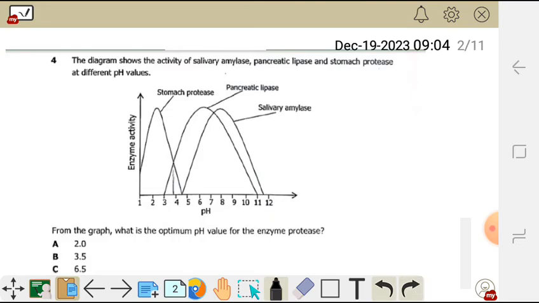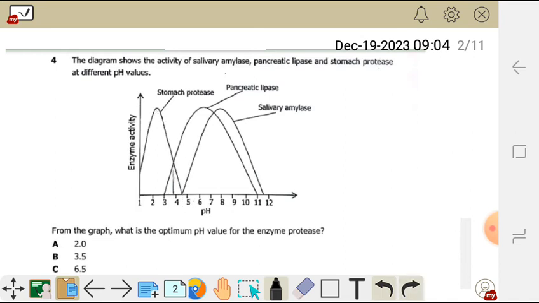So the stomach protease is working well at very low pH. In the stomach, we have acid, so acid is at very low pH. As the pH increases, the activity of stomach proteases is also reducing.